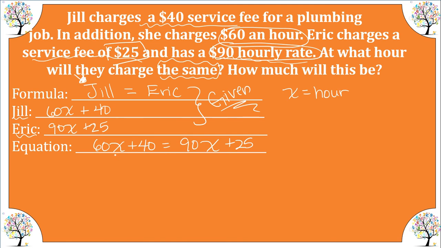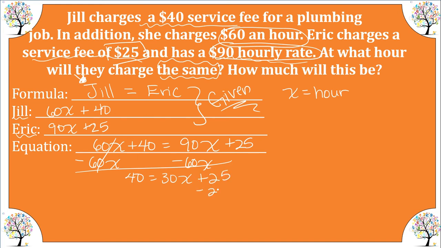Now we are going to solve for X. We need to address the two variables and get them on one side. 60 is smaller, so I'm going to subtract it out. This gives us 40 is equal to 30X plus 25.